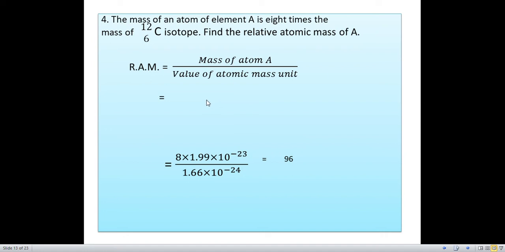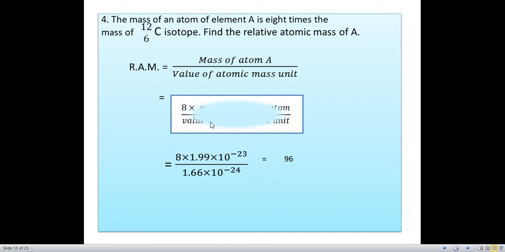The mass of atom A is 8 times of the carbon isotope. 8 times mass of carbon atom, and the value of atomic mass unit. The mass of a carbon atom is, as you all know, 1.99 × 10^-23, times 8, and divide by 1.66 × 10^-24. So if you simplify this one, you get the answer 96.